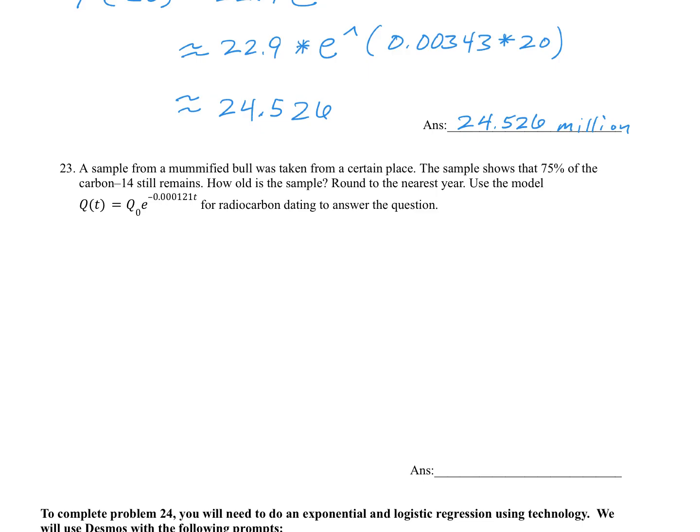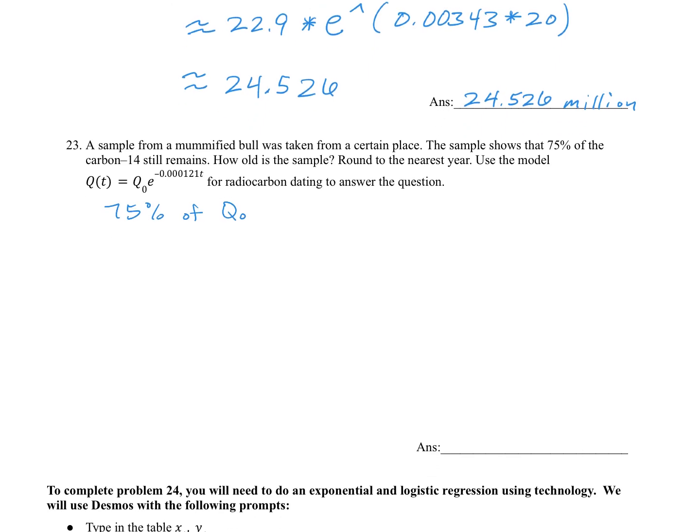And we're looking at a mummified bull. So the idea is to use 75% to figure out how much time has passed in the decaying process. If you have 75% of the original, that means you have 75% of Q0, because Q0 represents the original amount.